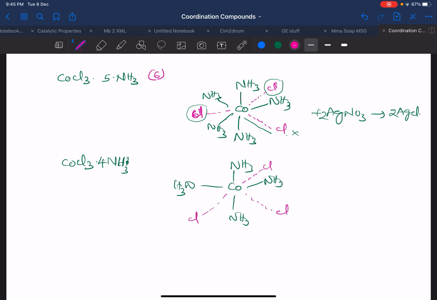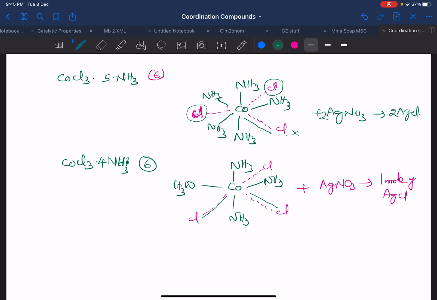When it reacts with AgNO3, it gives 1 mole of AgCl. Why? Because 2 chloride ions are also involved in coordinate covalent bonds, since the coordination number for this compound is 6.